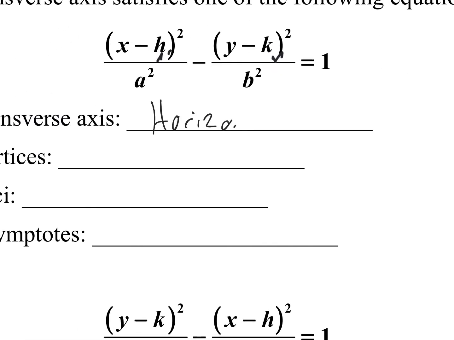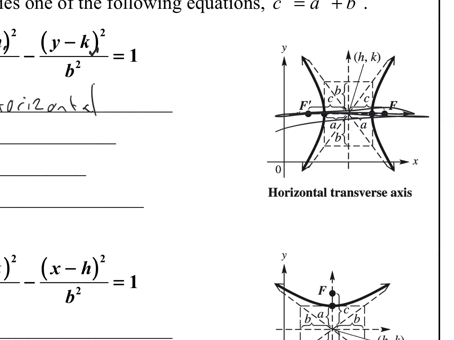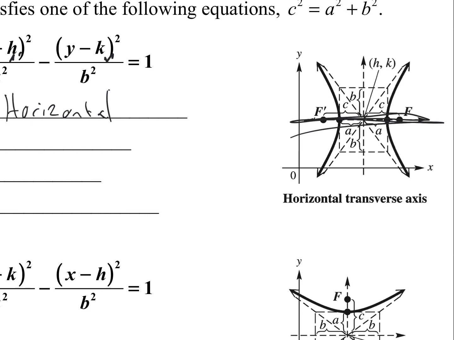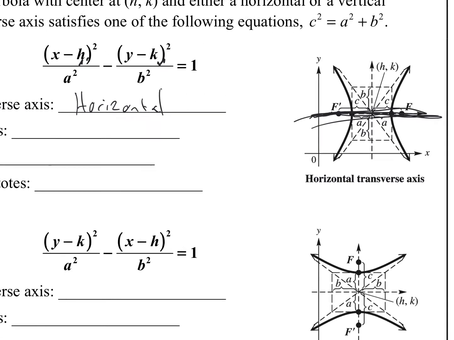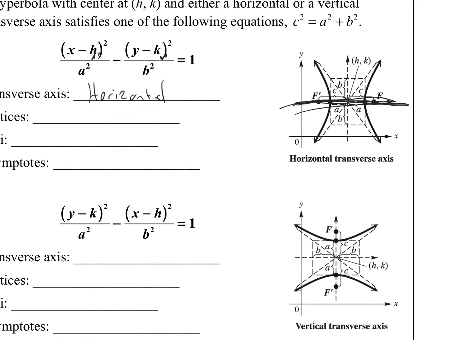The axis is horizontal, but I was calling that a vertical hyperbola. I still want to call it a vertical hyperbola because the graph is vertical. The transverse axis doesn't really exist. There's no line that connects them. It's imaginary.